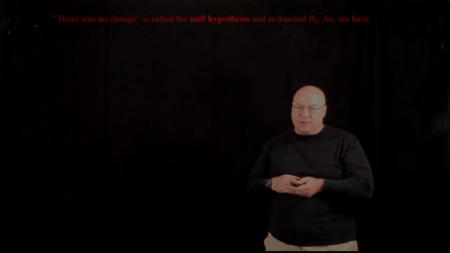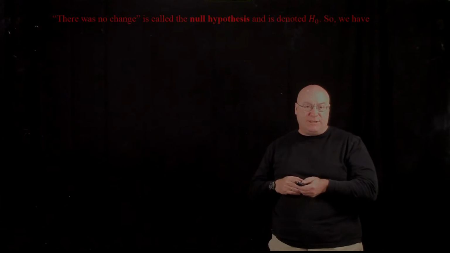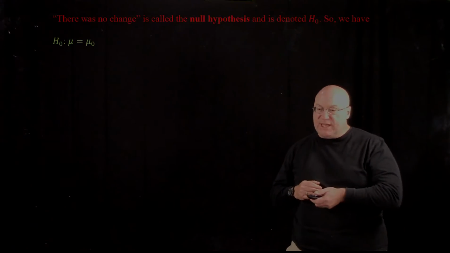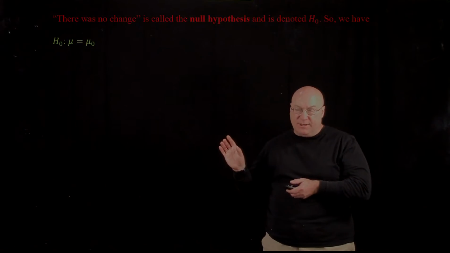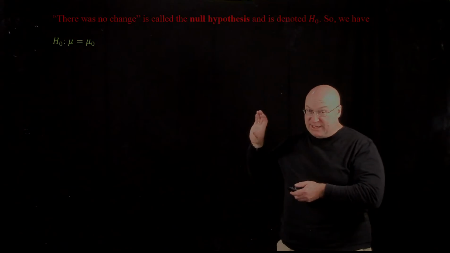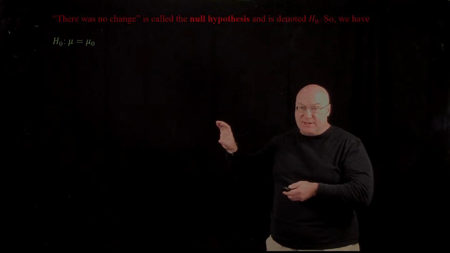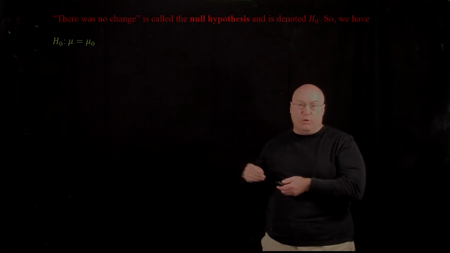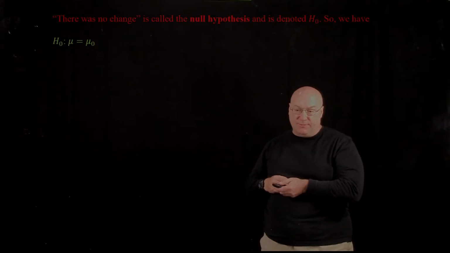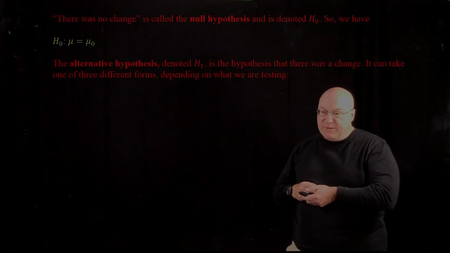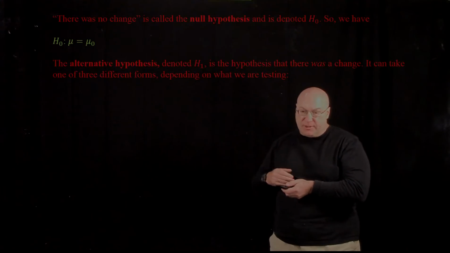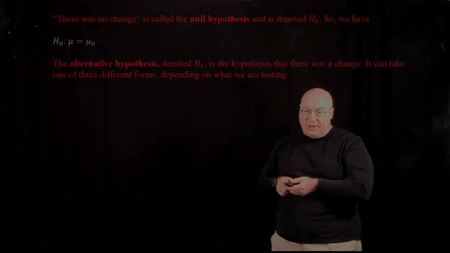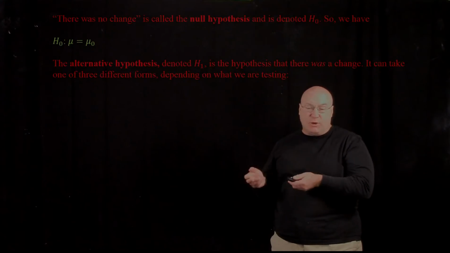So this is how we would state it generically: H sub 0 colon, my hypothesis is no change. This new population mean mu is just the old one, mu equals mu 0. The alternative hypothesis, if you're following along, is denoted H1.